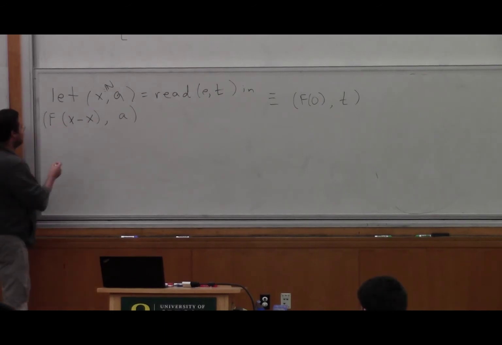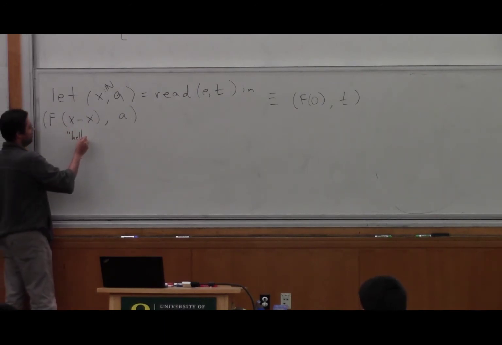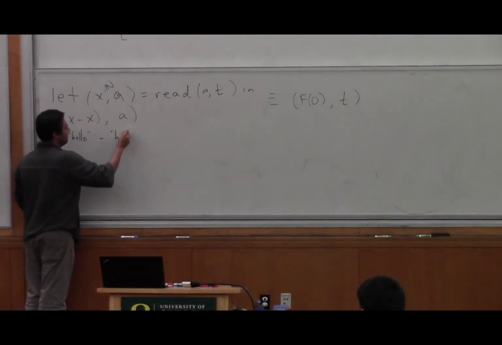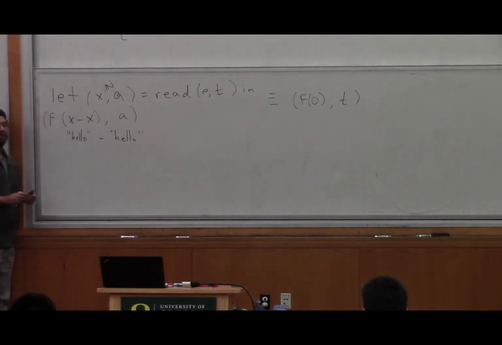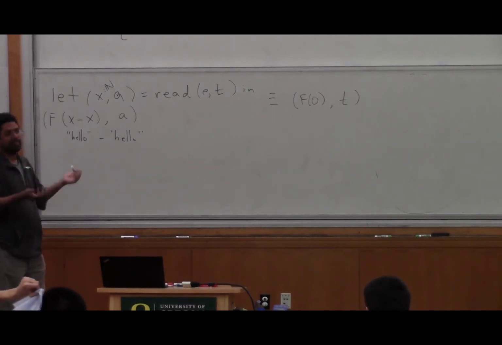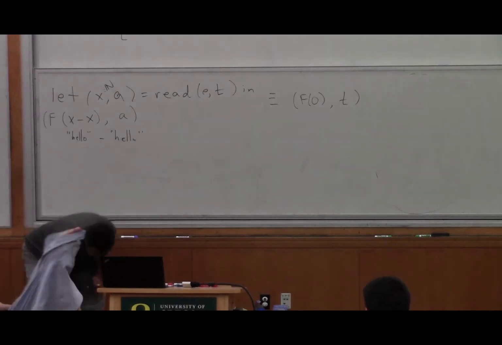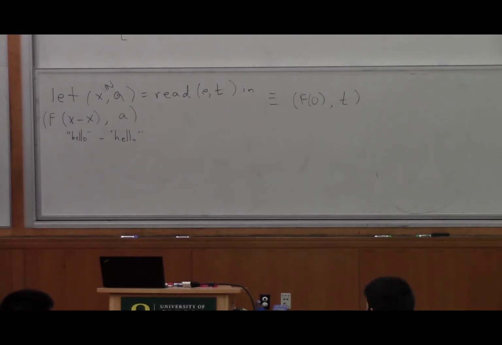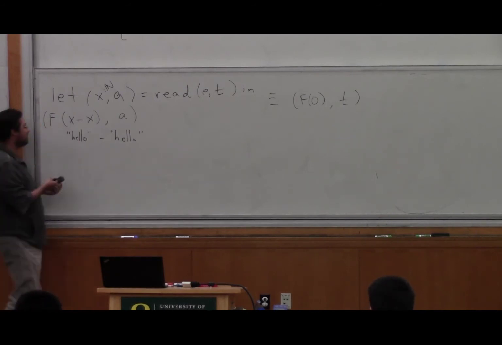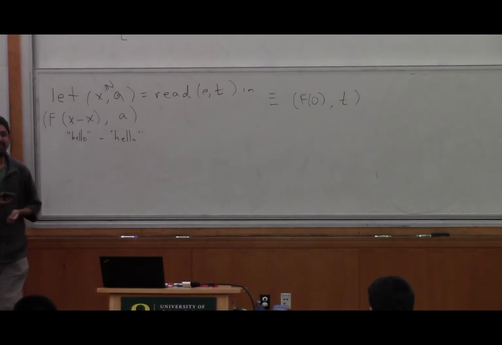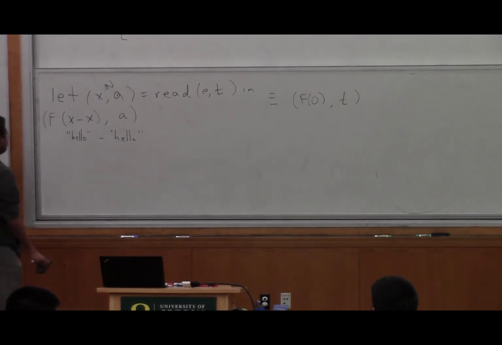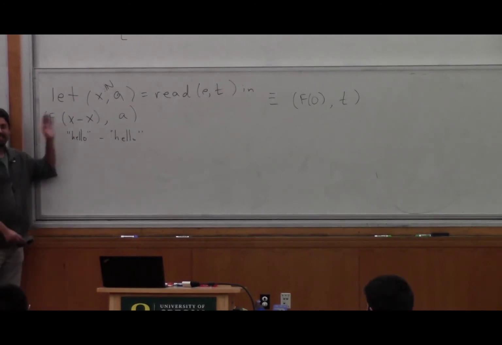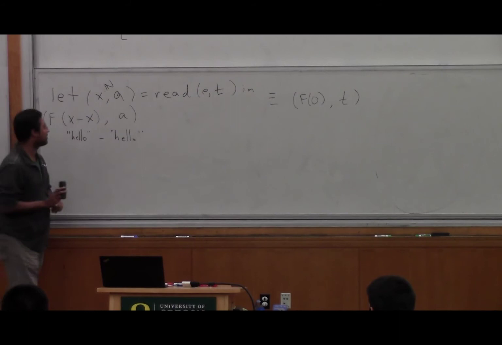If this were hello minus hello, then it might crash, or in JavaScript, you might get the empty string, or 0, or whatever. Maybe it's true in JavaScript, I don't know. But in a civilized language, this would crash or get stuck. So yes, this equation is false in JavaScript.